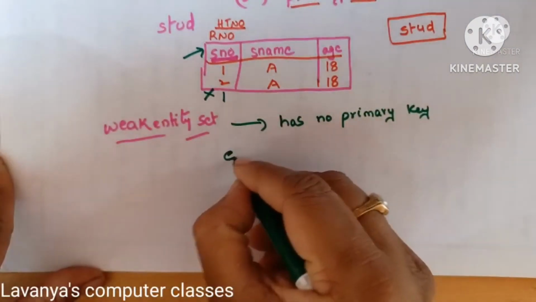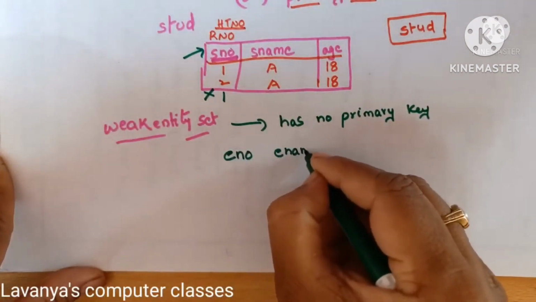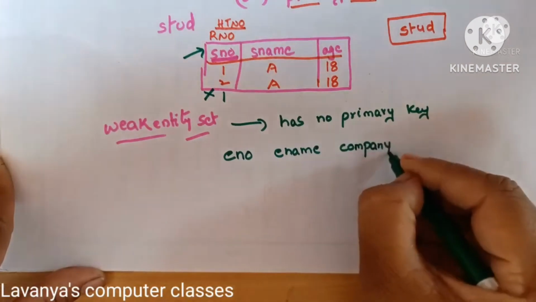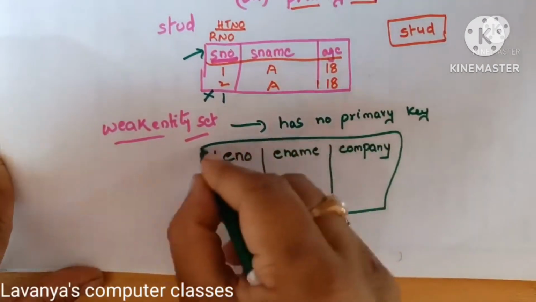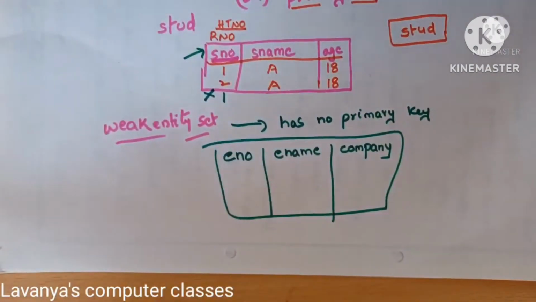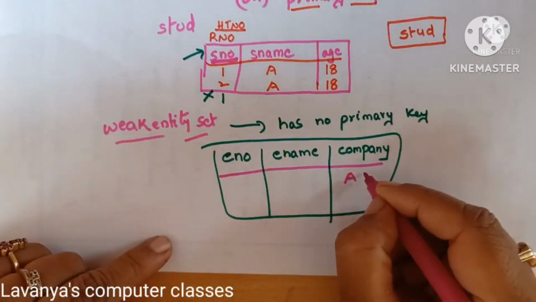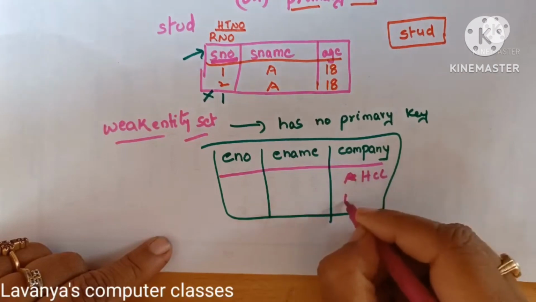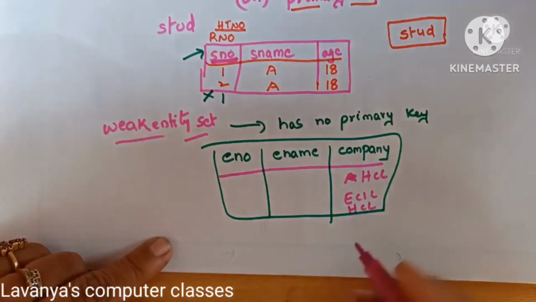For example, take employee number, employee name, and company name where he is working. This is the table or entity set, whatever it is. In this, two employees' companies are there: company name A, or otherwise HCL, ECIL. One more employee is also HCL.